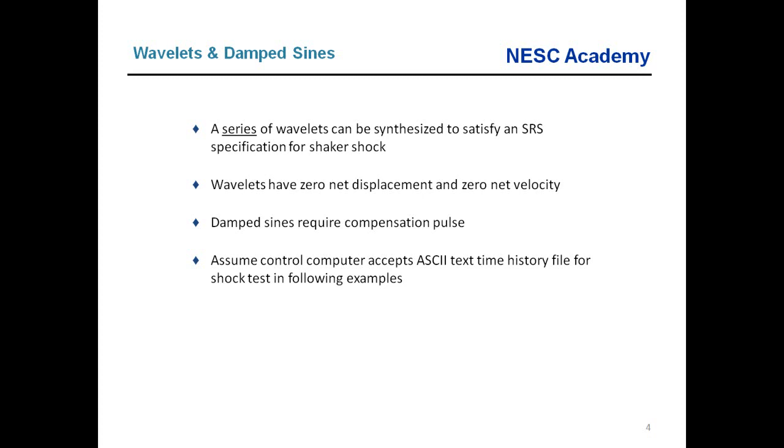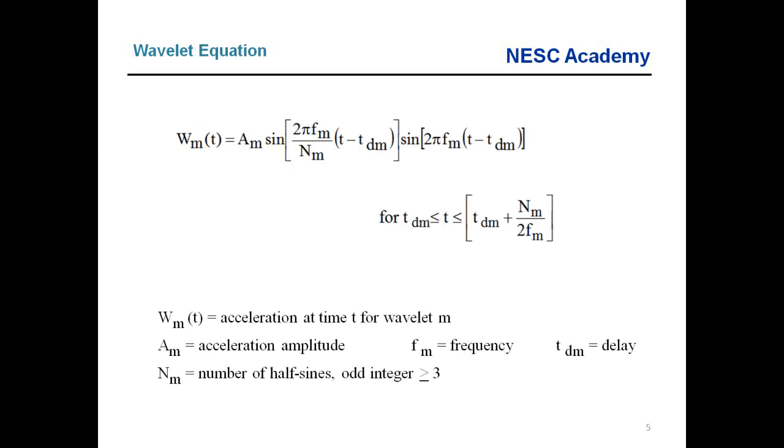And we could also talk about current, voltage, and even temperatures all being limitations for a shaker test system. A lot of times we have a specification that's on the edge of what a shaker shock test system could do, so we have to be careful about coming up with a wavelet series that will fit within those parameters that I previously mentioned. Okay, I think we talked about that slide already.